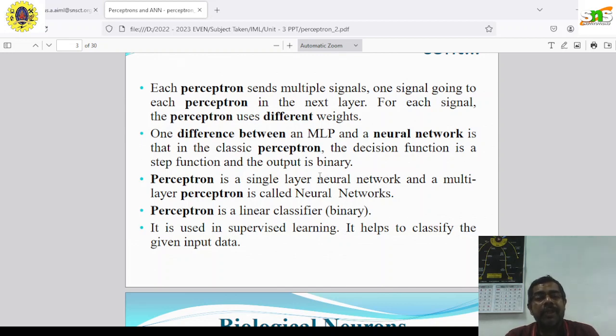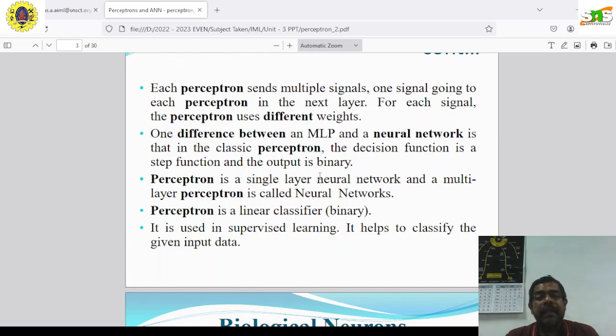According to the situation, we can implement the step function. Later, we will see what the step function is and how it is implemented in the perceptron. Finally, the perceptron is a single-layer neural network, and a multi-layer perceptron is called a neural network.